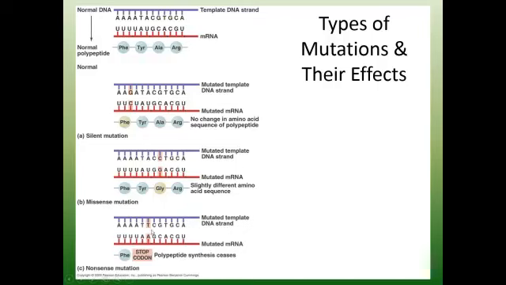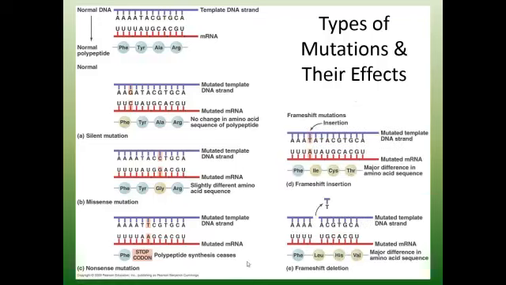Sometimes we can get a change that leads to an early stop codon, and we call this a nonsense mutation. The polypeptide synthesis stops early. That basically kills the gene, is the way that I put it. The gene is still there, but it is not producing a usable protein.